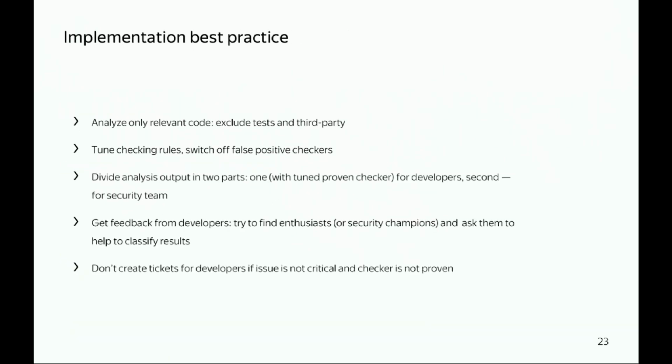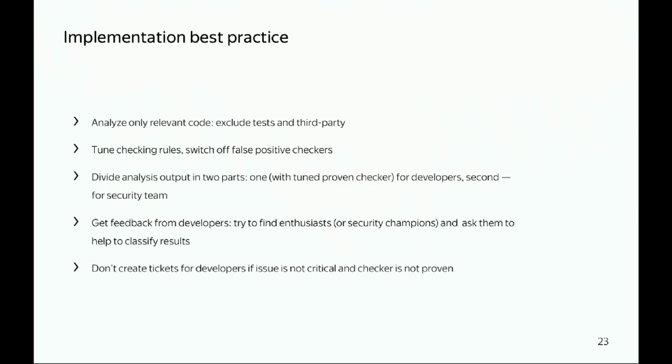Yeah, and what about the implementation? Analyze only relevant code. So if you try to use some static analyzers, first of all, switch off your test branches, switch off third parties, because you don't want to find vulnerabilities in your tests or in third-party code. It's useless for you.